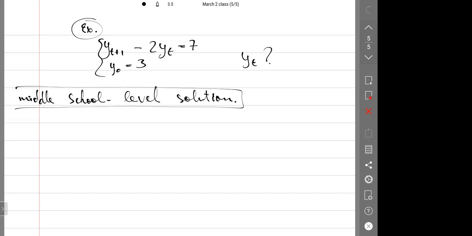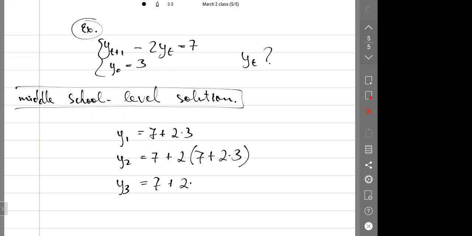So y1 will be 7 plus 2 times 3, y2 will be 7 plus 2 times (7 plus 2 times 3), and y3 will be 7 plus 2 times (7 plus 2 times (7 plus 2 times 3)). And how can we spot the pattern?